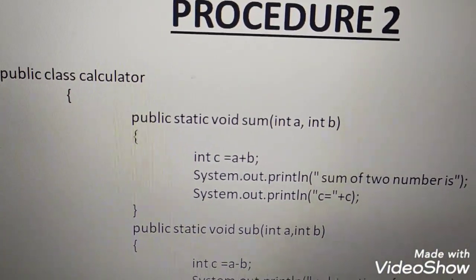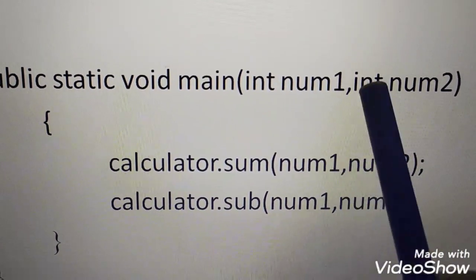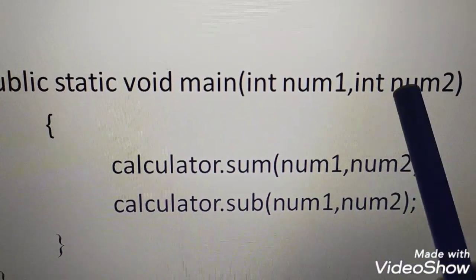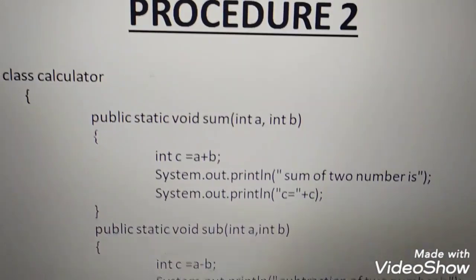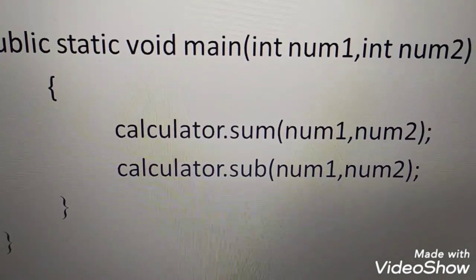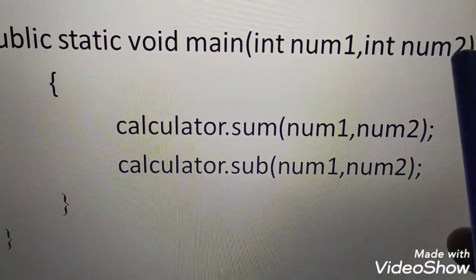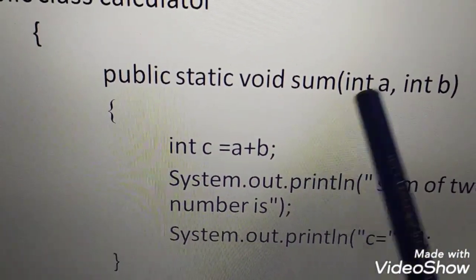Whatever the value given here for num1 and num2, it is input by the user from the keyboard. That value is used here. The same thing happens in the subtraction case also. In the subtraction, the num1 and num2 values, whatever is given here, have to be used again in the subtraction.